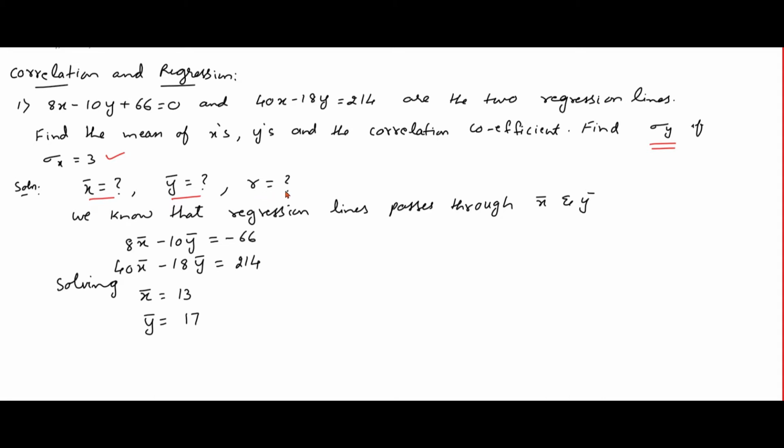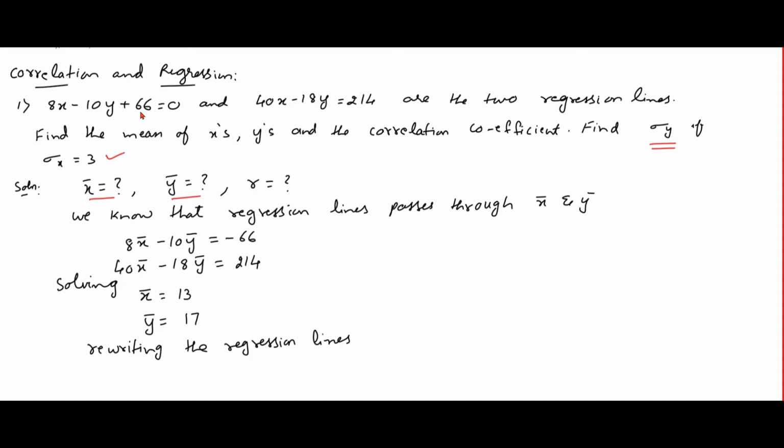To find the value of r, I'll rewrite these two equations in the form of y is equal to mx plus c. Rewriting the regression lines. I'll take the first regression line, 8x minus 10y plus 66.